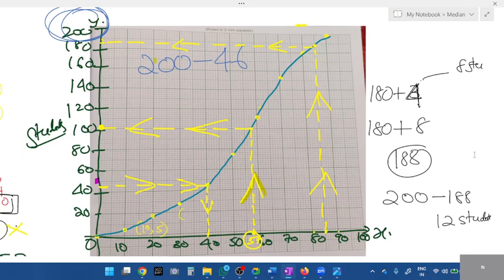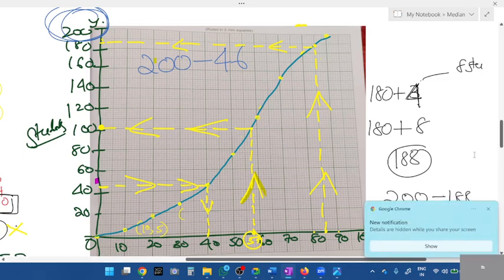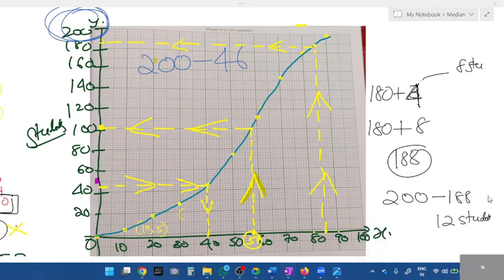In order to find median, n divided by 2. So 180 plus 4 is not 184 students. 180 plus 4 lines, each line 2 students.